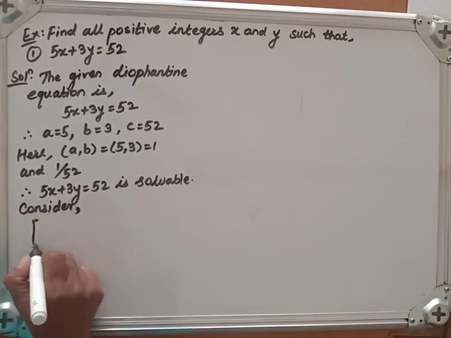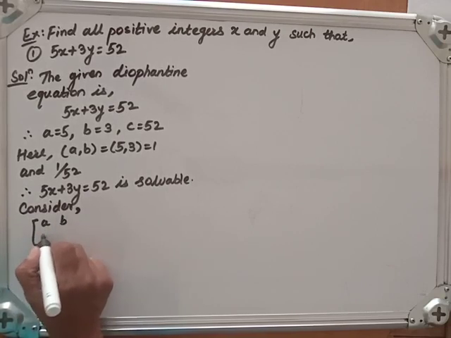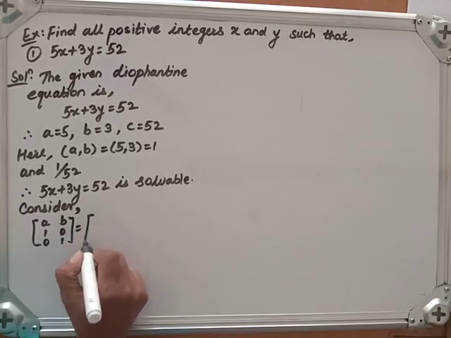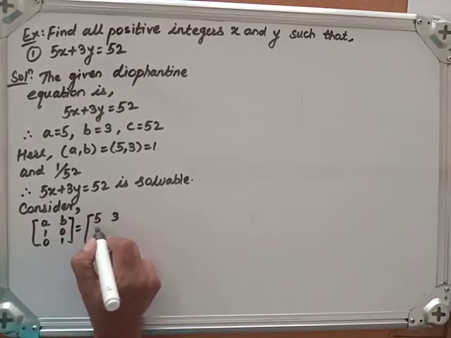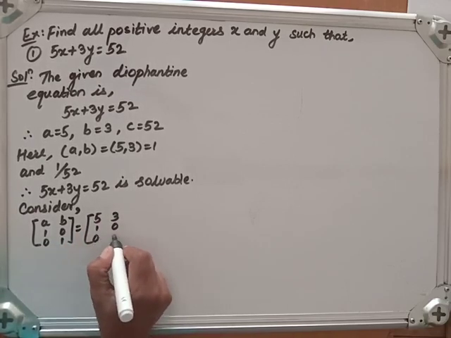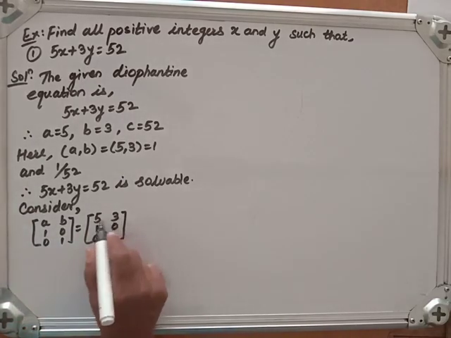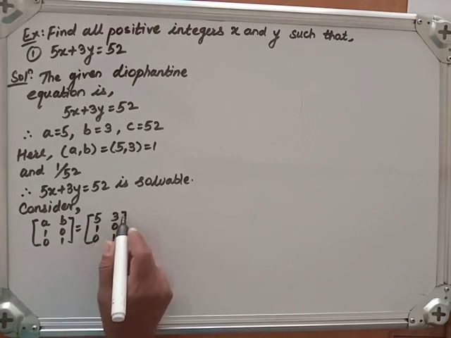Consider the matrix A, B, 1 0 0 1, that is 5 3 1 0 0 1. Now let's reduce this to row equivalent form.